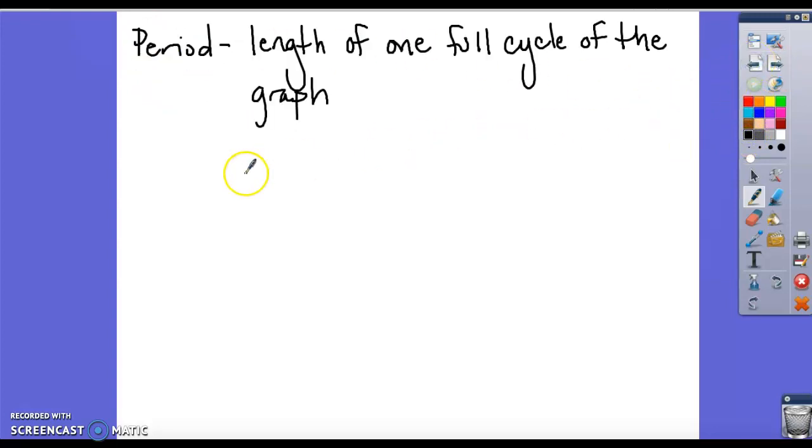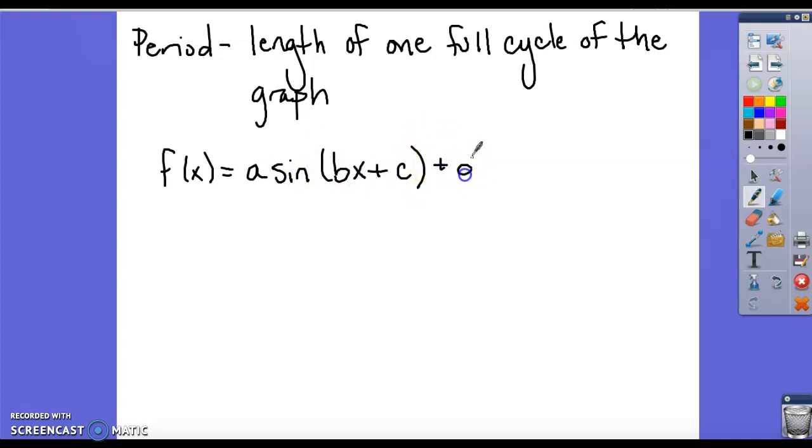To find the period, if we have our graph written in standard form, which is a sine of bx plus c plus d, the period of that is 2 pi divided by the absolute value of b.